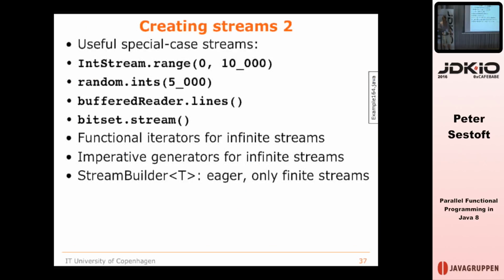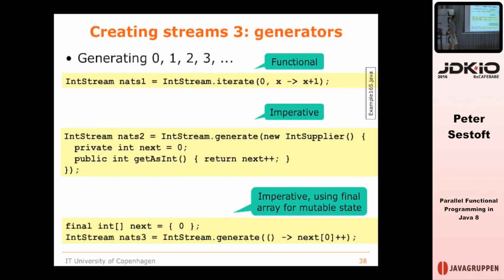So let's take a look at generators of the various sorts. The functional way of creating an infinite stream of integers is IntStream.iterate that starts with 0, and the next element is always obtained by applying this function that adds 1. So this will be the stream 0, 1, 2, 3, 4, and so on up till the maximal integer, and then it will be the most negative integer, and so on. So it will actually be infinite. It'll just wrap around, because it's 32-bit.